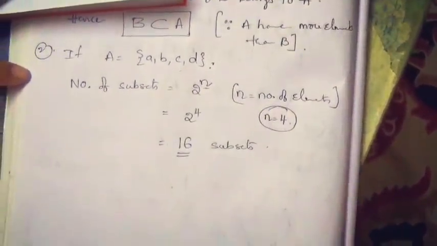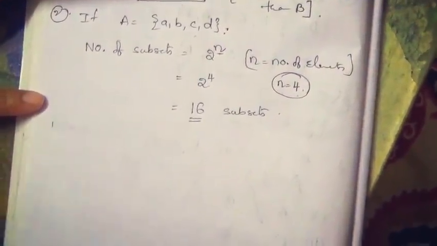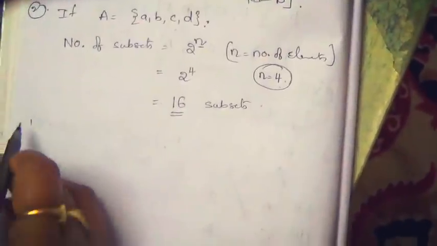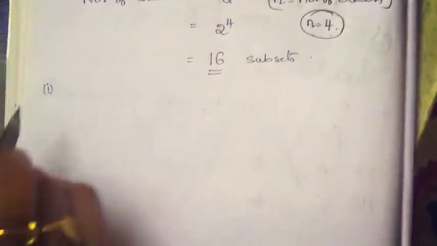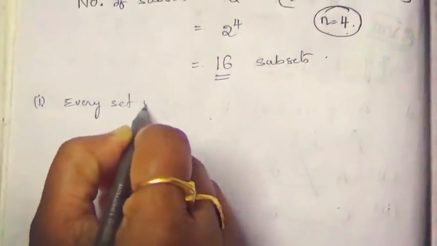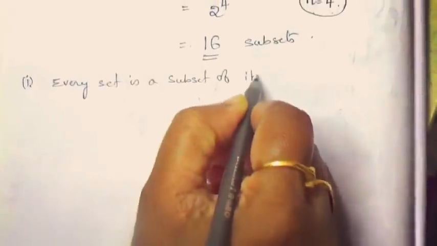How can we write the subsets also? I will tell you here. Look here first. The first point: when you want to write the subsets of any set, first you have to remember one thing: every set is a subset of itself.